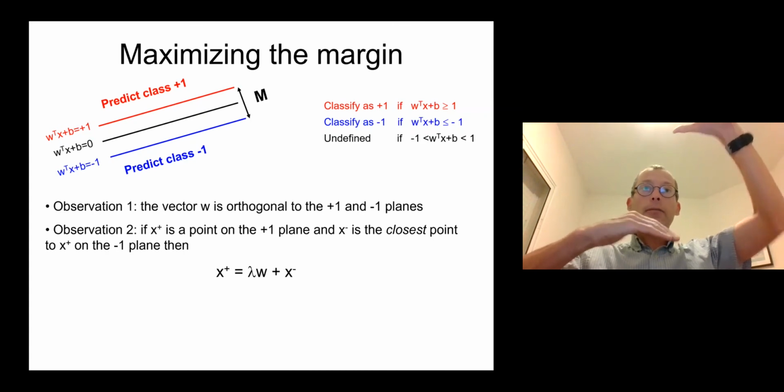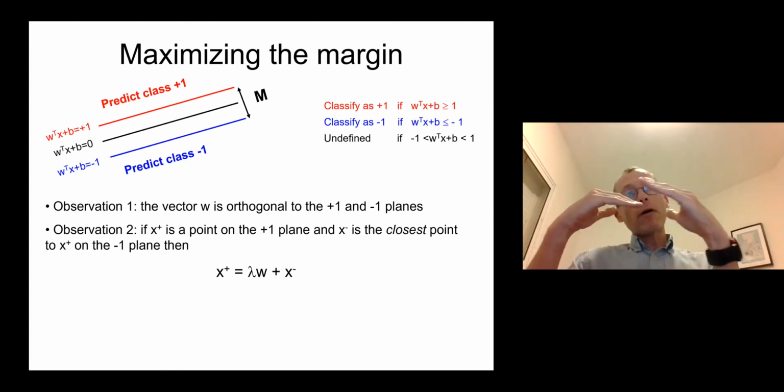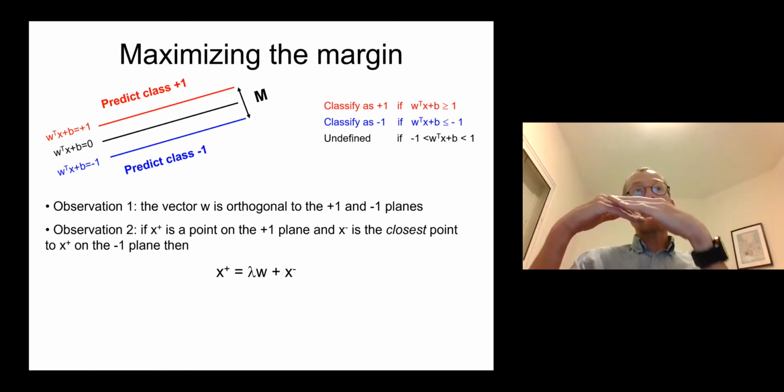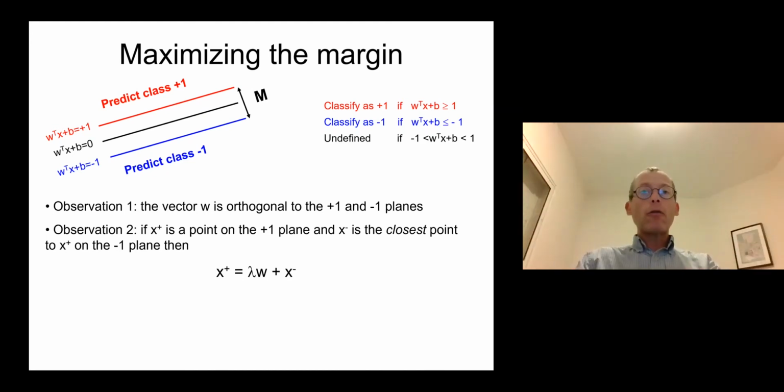Okay, so these are observations. It doesn't tell us yet what the optimization function is, but it moves us in the right direction. So now let's use this observation, especially that the distance traveling from a point on the +1 plane to the closest point on the -1 plane goes along W, to derive the max margin optimization function.